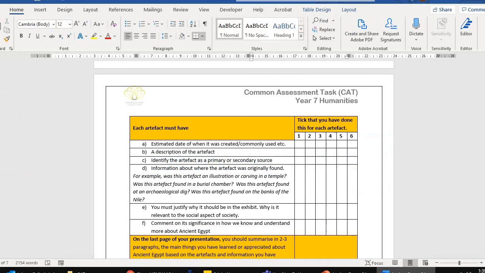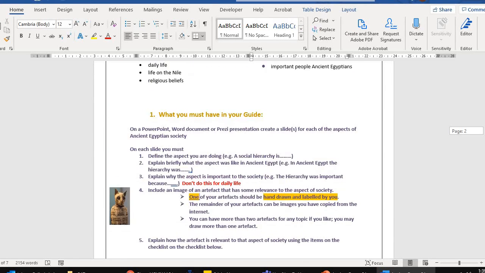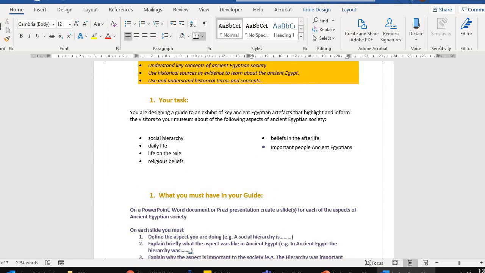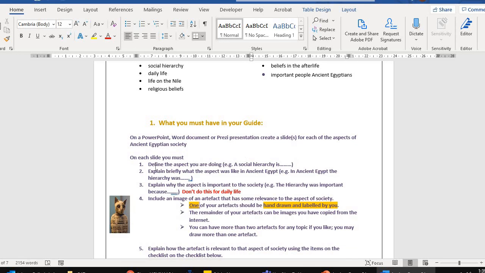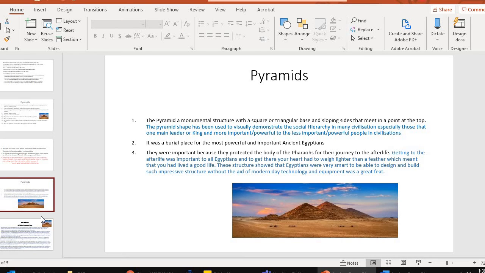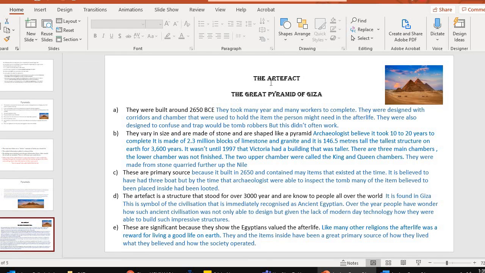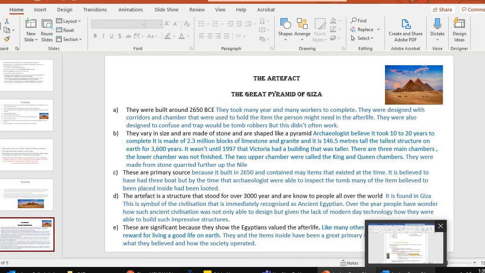These questions, 1 to 3. And then what they've done on the second slide, they've talked about the artifact of the pyramids. And they've gone into more detail. So that's what you need to do. This is what is expected.